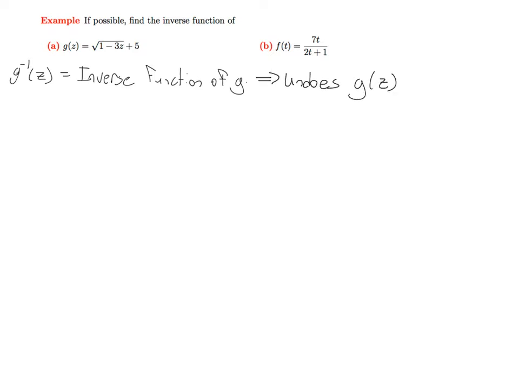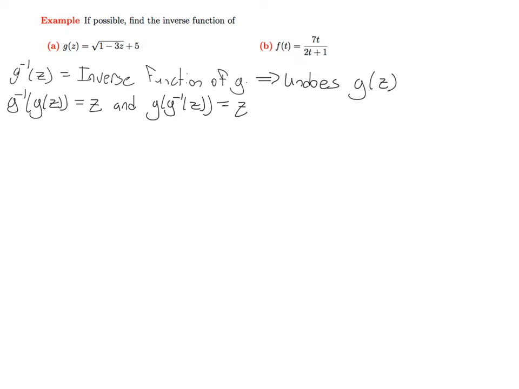Okay, so in other words, doing g inverse of g of z, these two functions should undo each other and just give us back the original number, which is the same thing as saying if I were to take g inverse of g and then do g, those functions also undo each other.